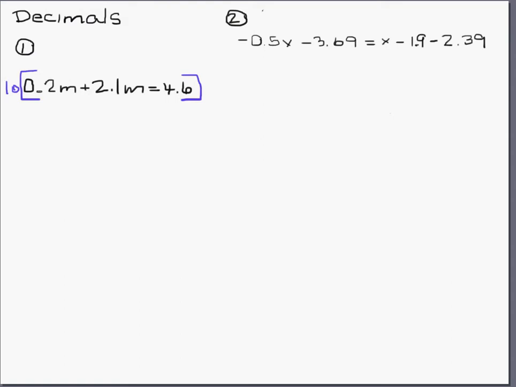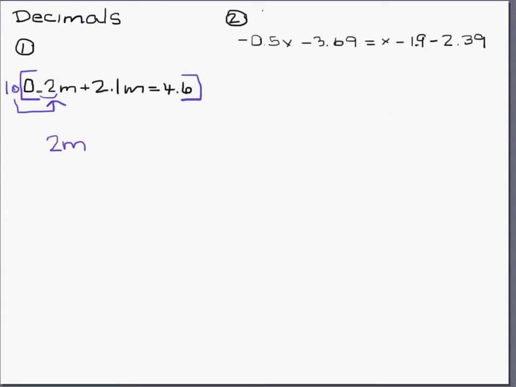So I'm going to distribute the 10, and first multiply the 10 times the 0.2m. And what happens is this decimal point moves over one place, and so we end up with 2m.